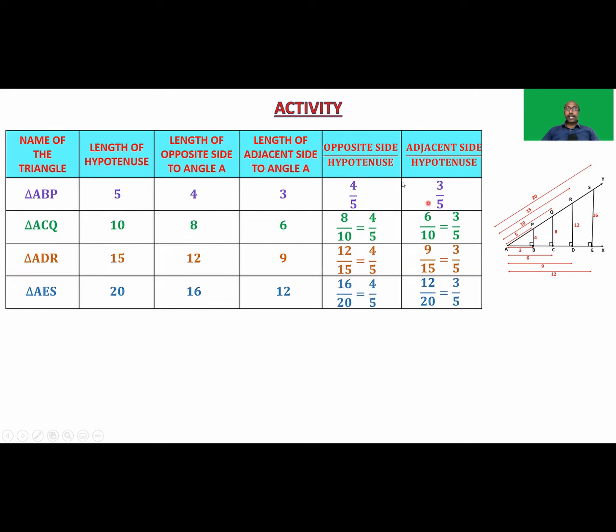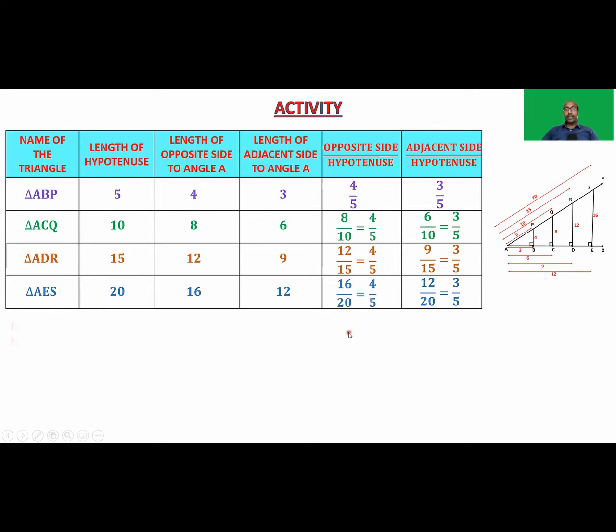Students, by observing this table, we can conclude that in all these similar triangles, the ratio between the opposite side and the hypotenuse is the same, isn't it? All these boxes have 4/5.